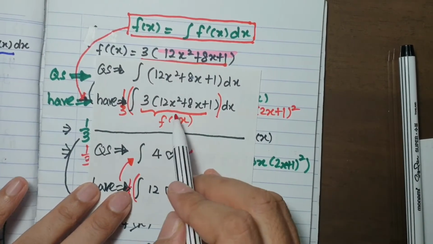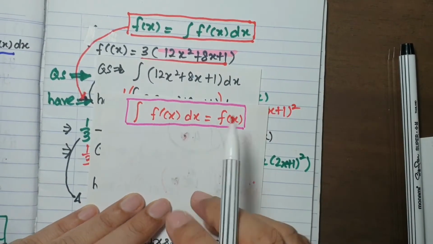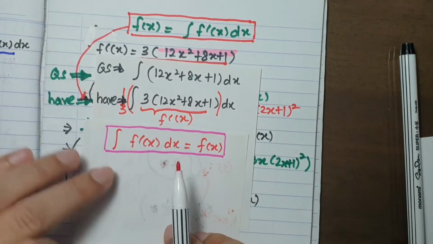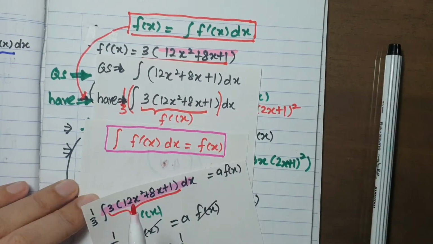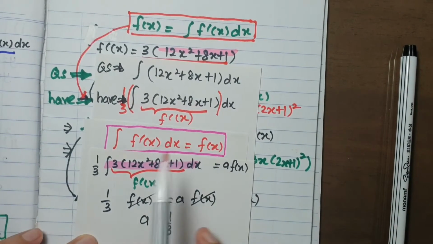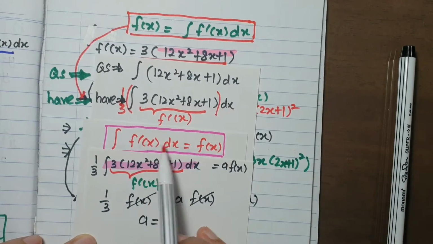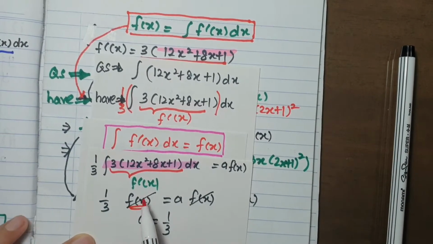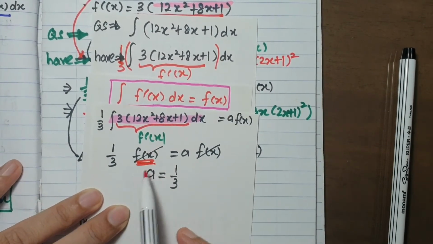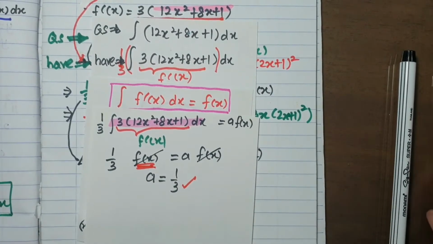If we integrate f prime x, the result is fx. Right? So that we can apply it here. So integration of f prime x, the result is fx. Okay? So we can cancel, then we get this. Okay, I hope you understand. Okay?